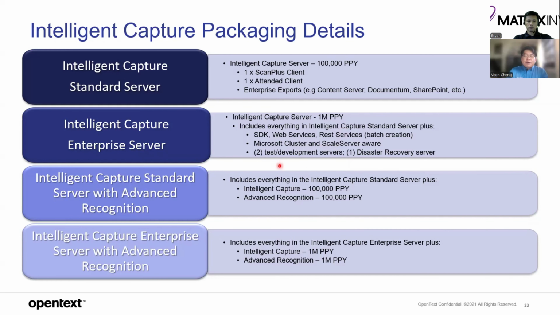And with this enterprise model, we also come with two non-production servers that you can develop your UAT and SIT environment on, and one DR environment. All these are packaged in the enterprise server.